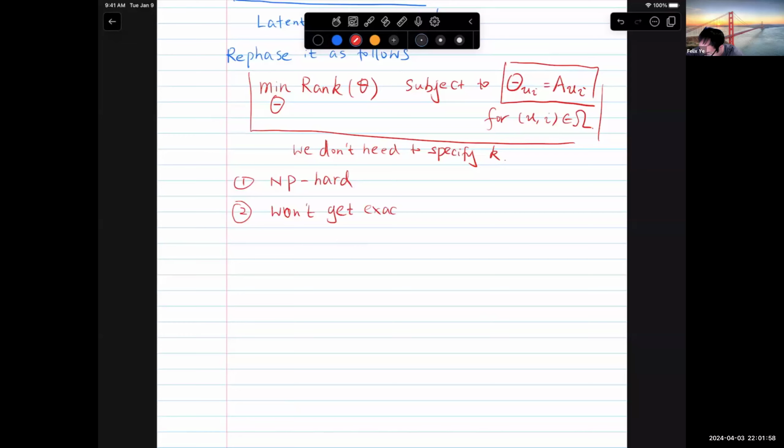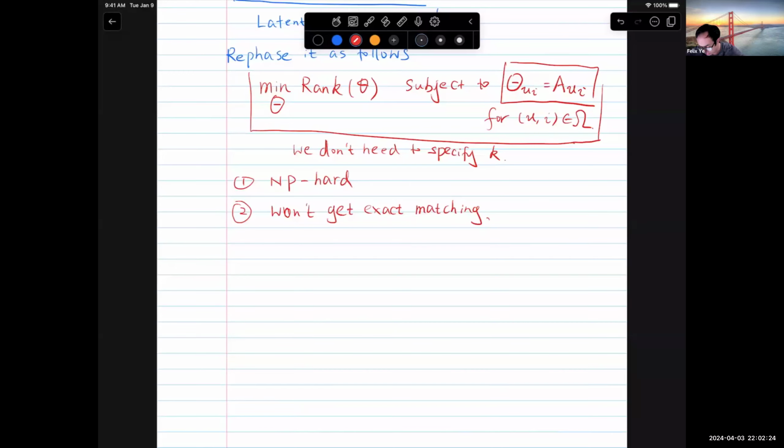Maybe one or two entries are off. But being off on one or two entries is perfectly fine. It's considered as an error.